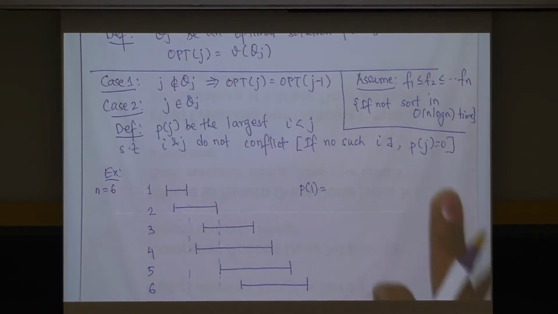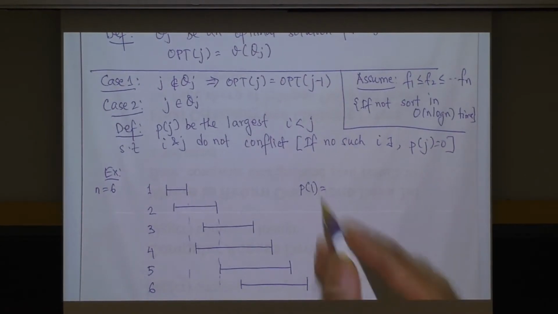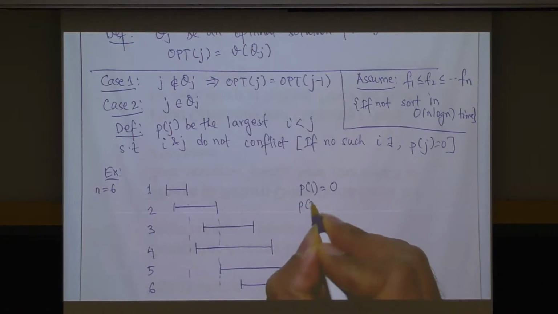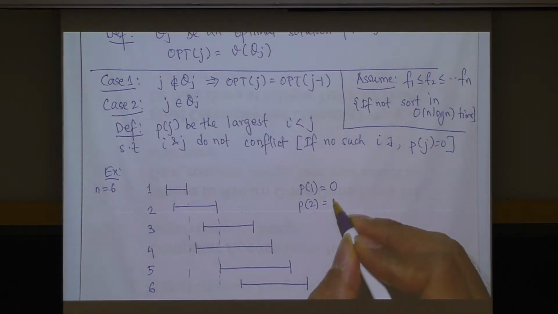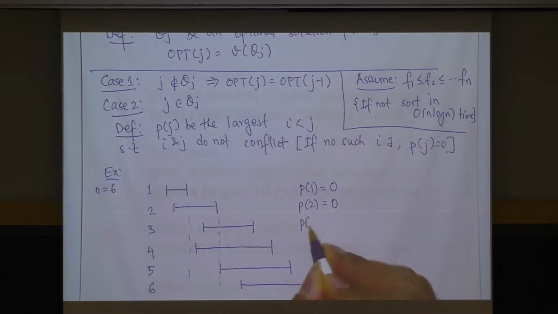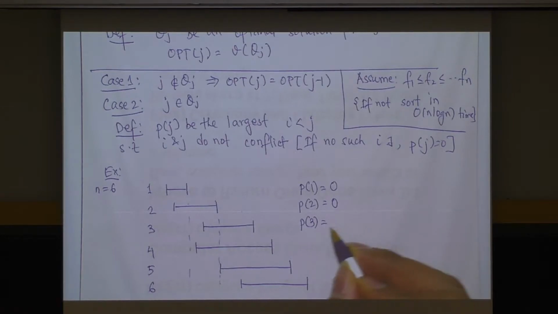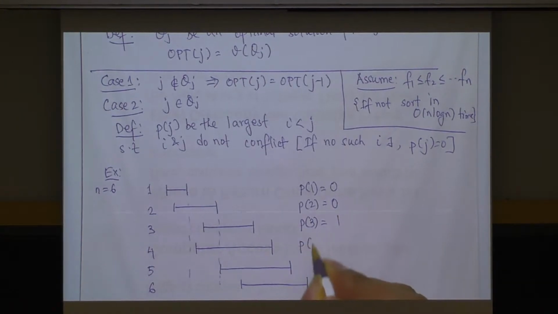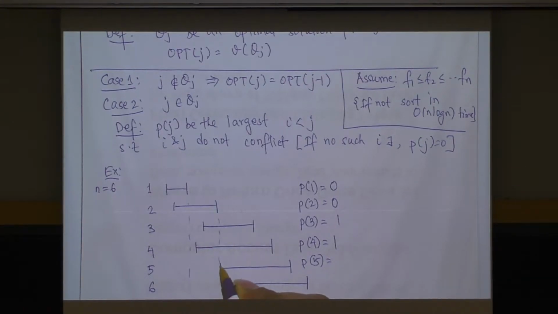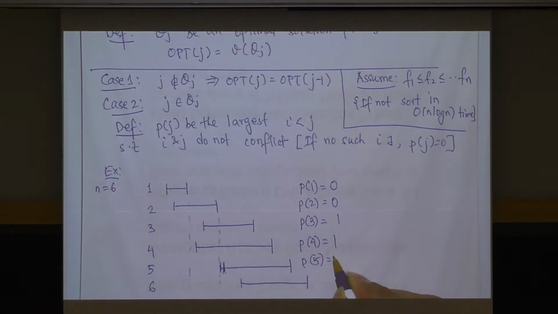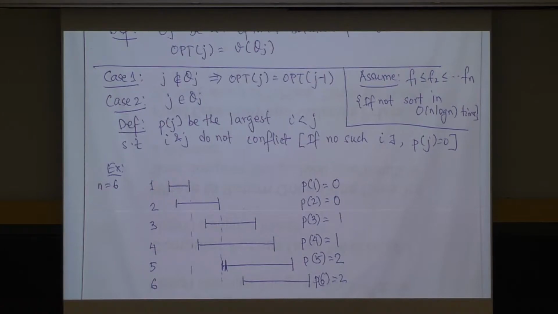It is nothing, so it by default goes to the value of 0. Okay, good. P of 2. Zero. Great. P of 3. 1. P of 4. 1. P of 5. I should have drawn this better, shouldn't I? Let's say it starts here. So 2. And then p of 6 is also 2. Okay? All right.